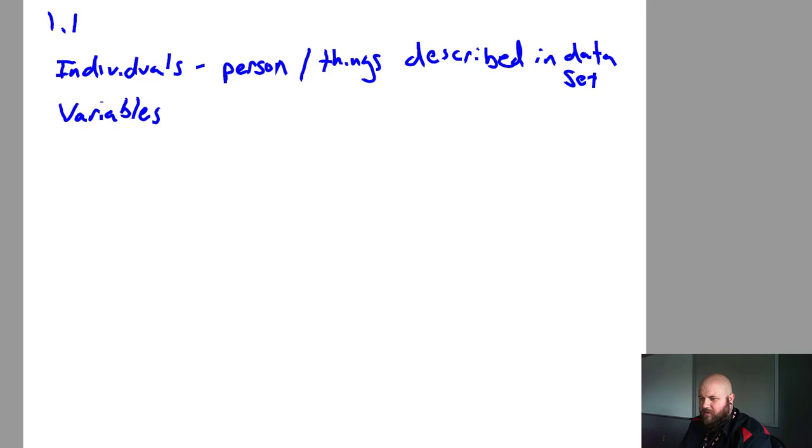Then you have your variables, okay? Your variables are going to be classified as any attribute for the individuals that varies, all right? So they could be categorical or quantitative.